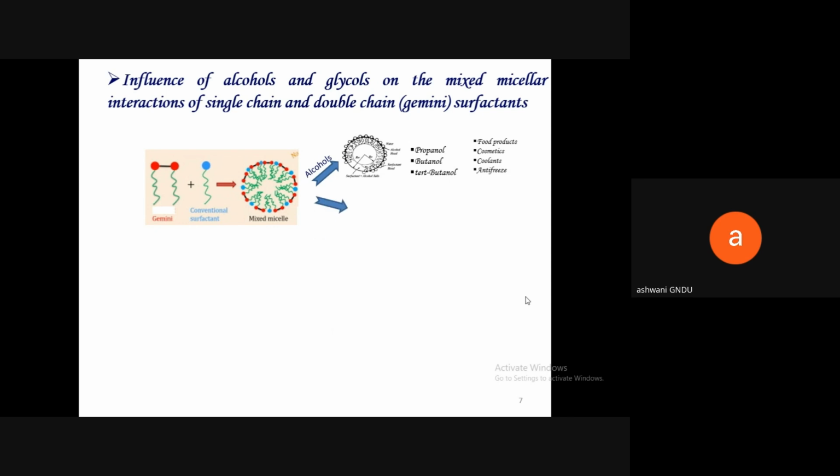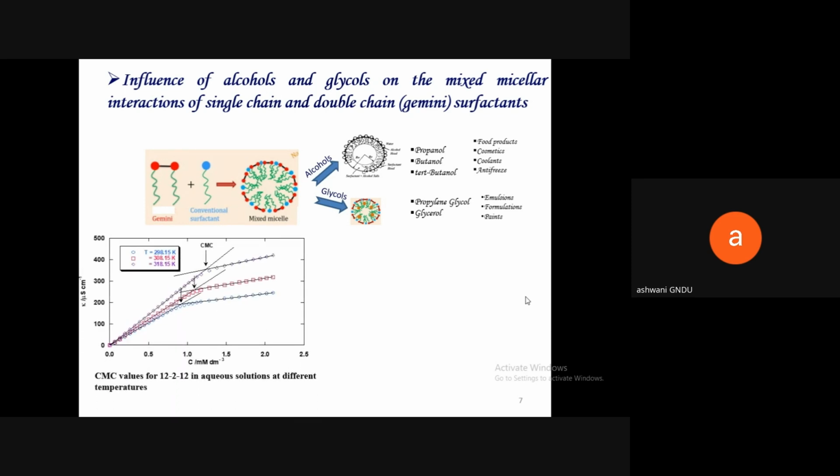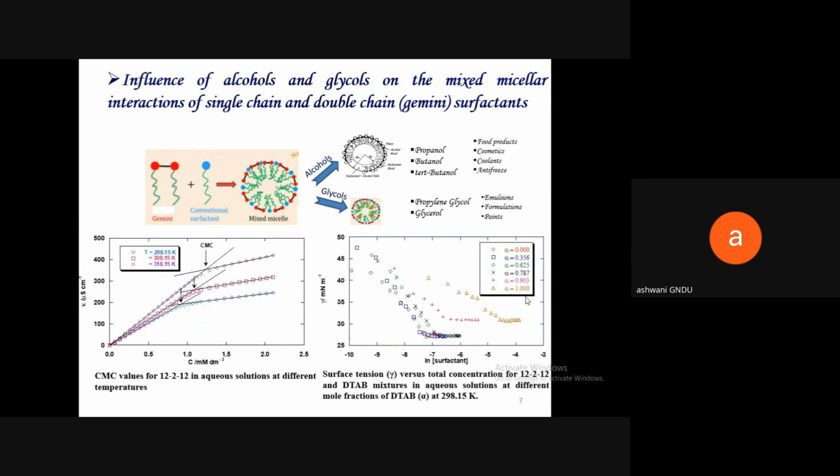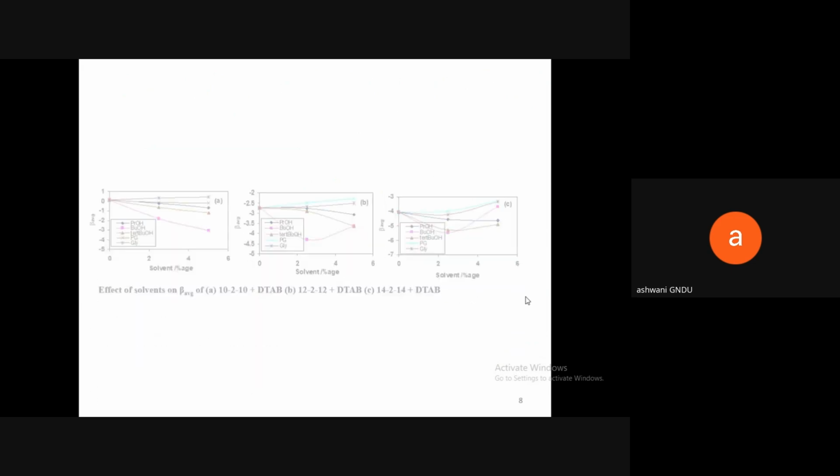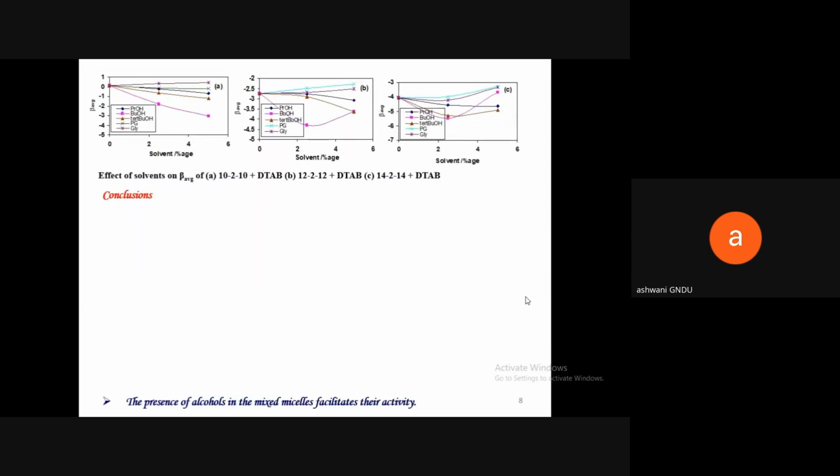Then we have studied the application of these mixed micelles in the presence of glycols. The glycols do not enter the micellar structure, they stay on the surface. These are the two glycols which we have studied, and their applications have been found to be in emulsions and formulations as well as in the paint industry. These are the various observations which we have made from the conductivity studies from these experiments, and these are the conclusions.